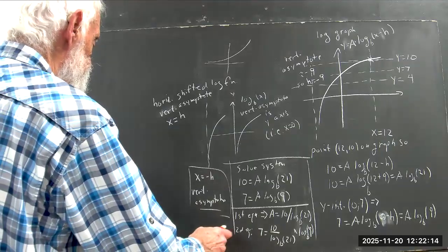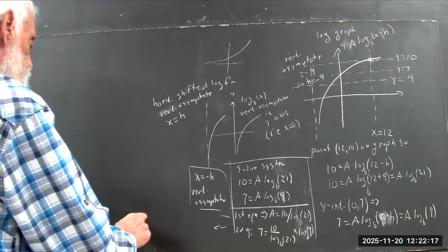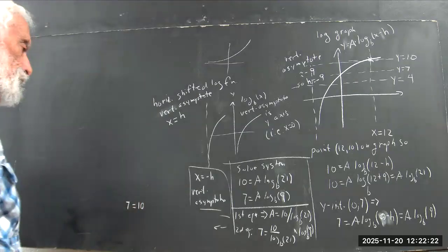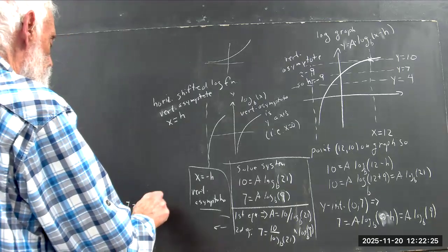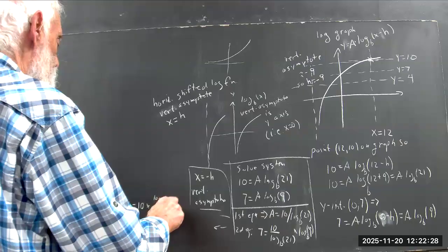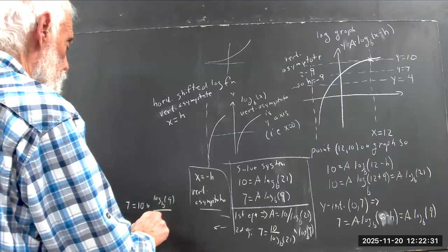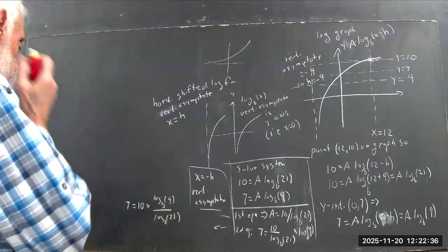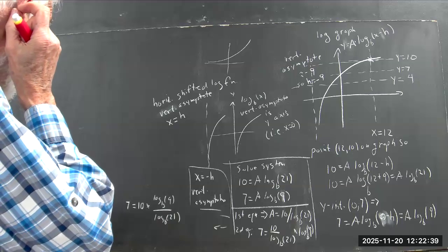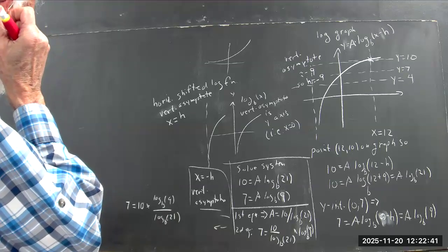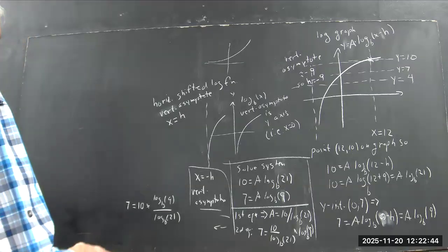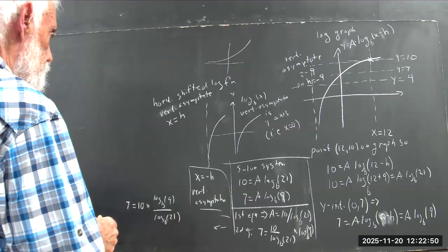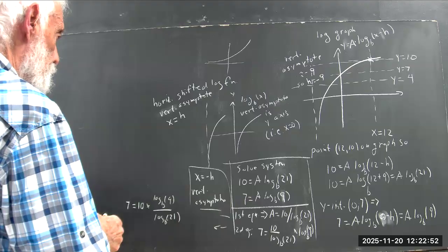So you get 7 equals 10 times log base b of 9 divided by log base b of 21. Might be mixed up here.